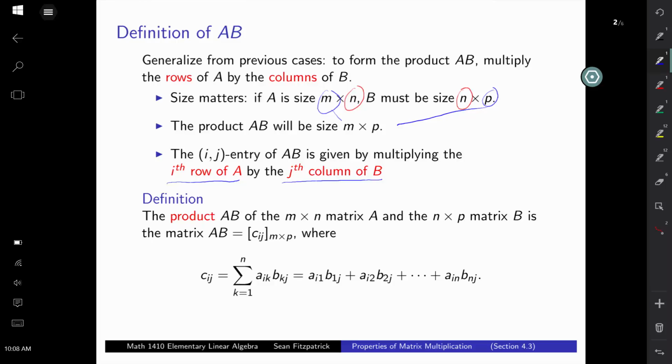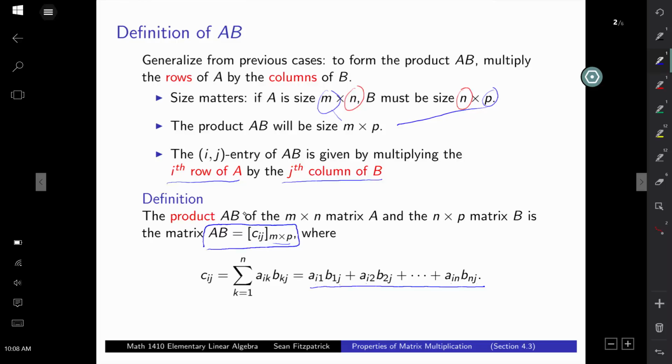If you want to write everything down in terms of index notation, the product A times B is going to be an M by P matrix with entries Cij, where the formula for each entry Cij is given by an expression that looks like this. Notice that the index I for the A's tells you that you're in row I from the matrix A. The J for the B's tells you that you're in column J for the matrix B. So that's the definition.